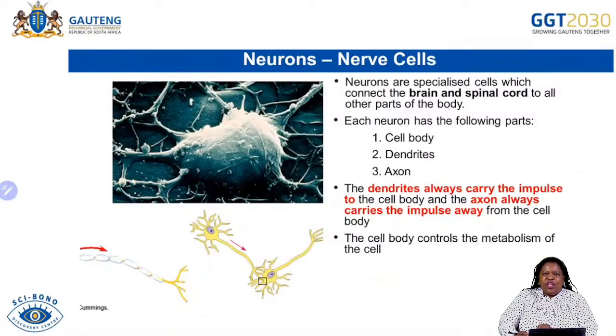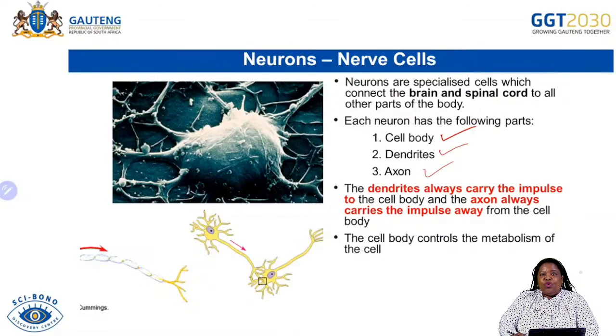Now, when you look at the neuron, all neurons are made up of these three parts: the cell body, the dendrites and also the axon. So what will assist you in order to differentiate between types of neurons is the position of the cell body.